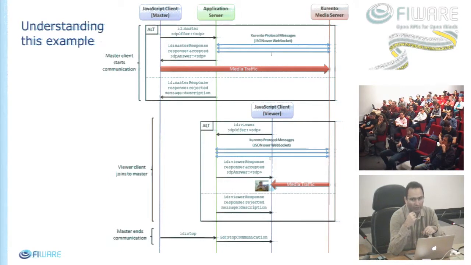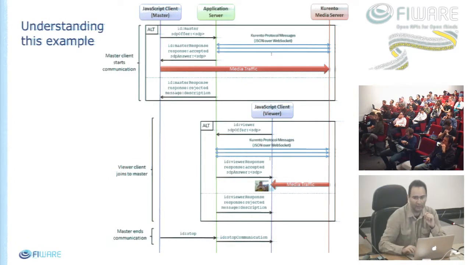And for every viewer, I'm going to create a WebRTC endpoint. I'm going to negotiate the SDP with the browser of the viewer, and I'm going to connect the sink of that WebRTC endpoint of the viewer with the source of the WebRTC endpoint of the master. Do you see the idea?